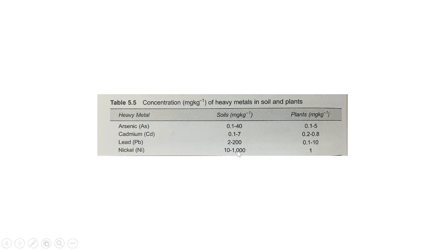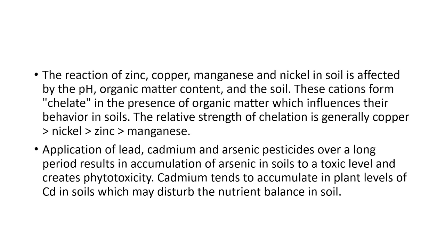Similarly, different values are given for the different pollutants. So if plants are absorbing that much amount of heavy metals which are present in the soil, that means it is dangerous for plants and human beings also.